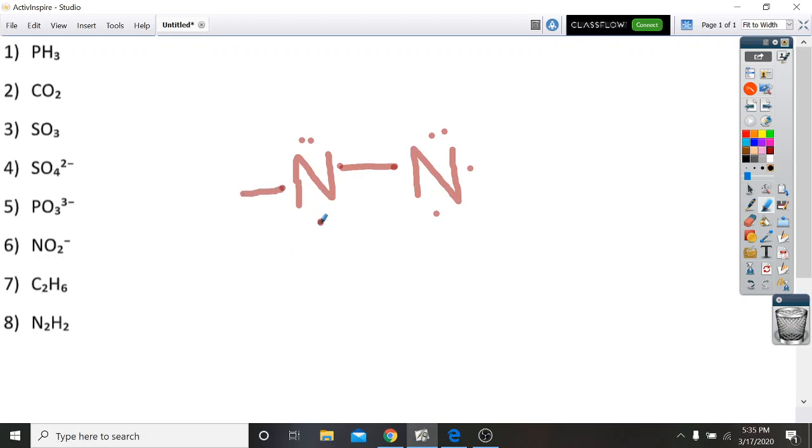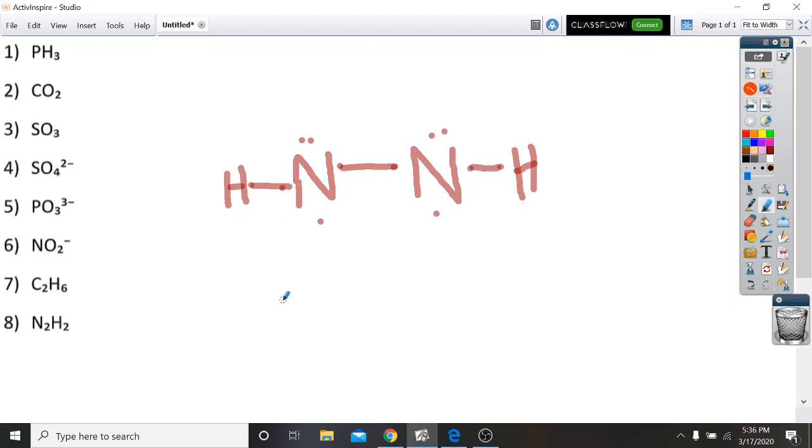What if I put them here? What's wrong with that? Yeah, now there's nothing for this atom to bond to, so that must be wrong. Maybe I'll put one H here and one H here, right? And I'll go like that and like that.